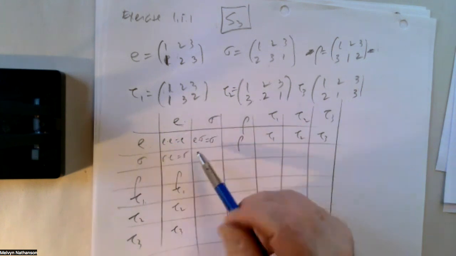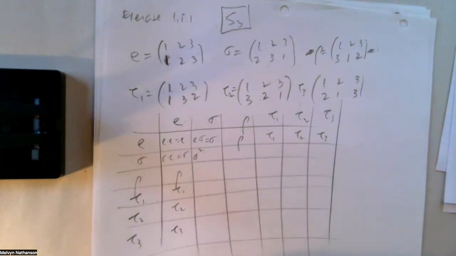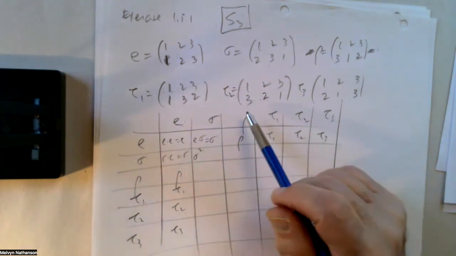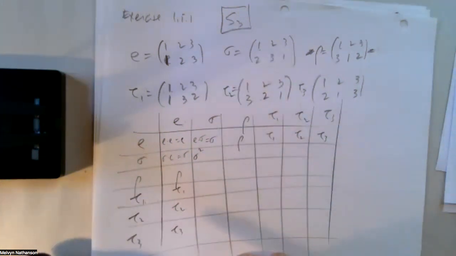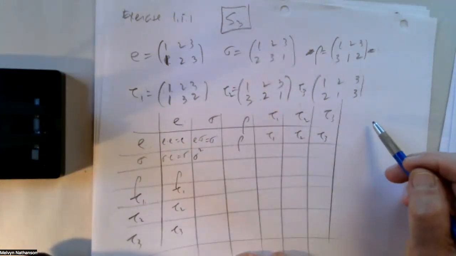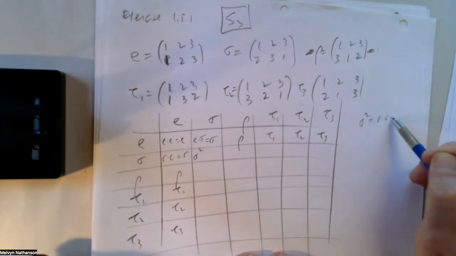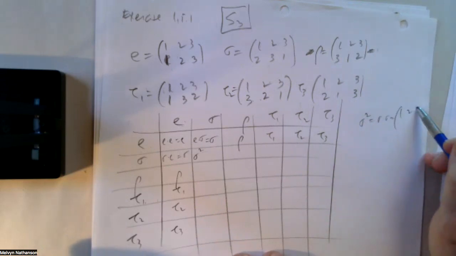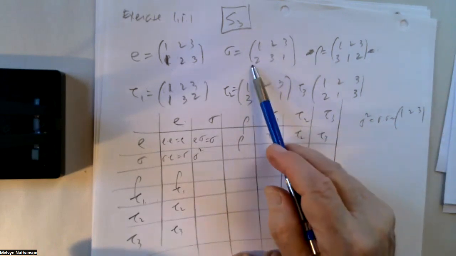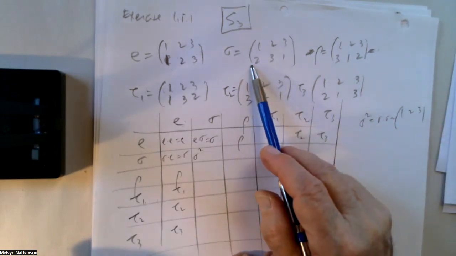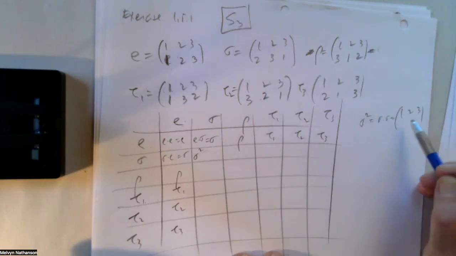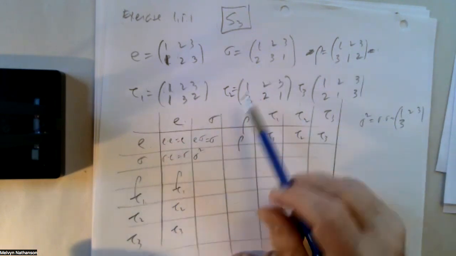What goes here? Sigma times sigma. That's sigma squared. What is sigma squared? That means you do sigma followed by sigma. So let's actually do this little calculation. What is sigma squared, or sigma times sigma? Sigma sends 1 to 2. Apply sigma again. 2 goes to 3, so 1 goes to 3.